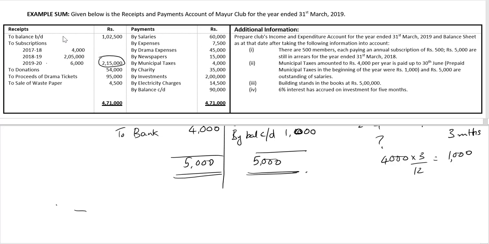Next, let's calculate the interest which is accrued on the investments. Interest accrued on investments for 5 months.